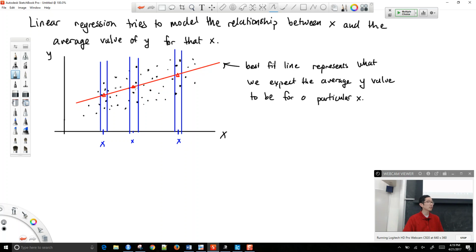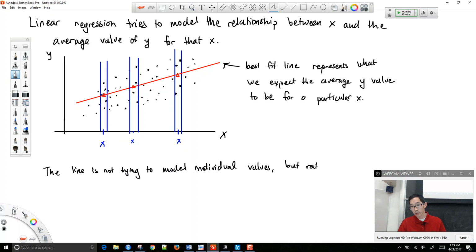And so the linear regression line is not trying to model individual values, but rather the expected value of y for a particular x.